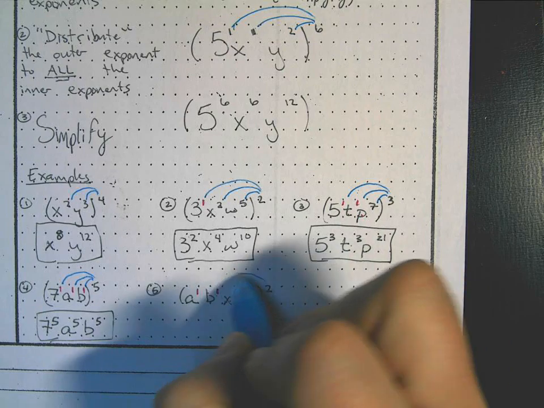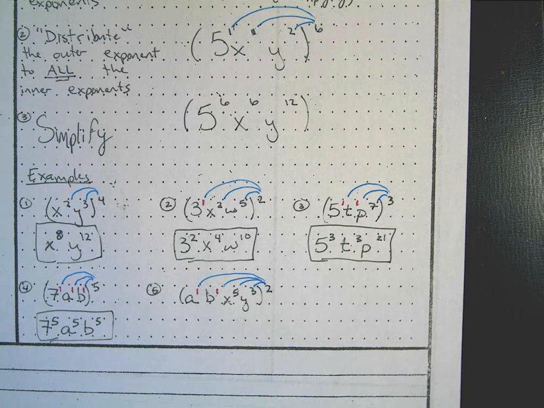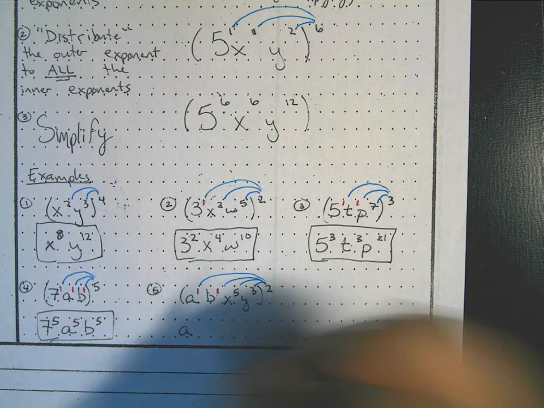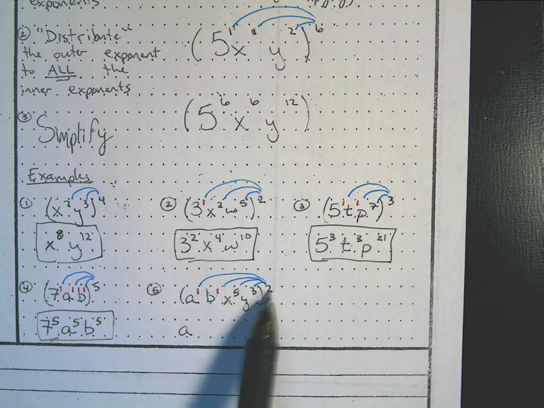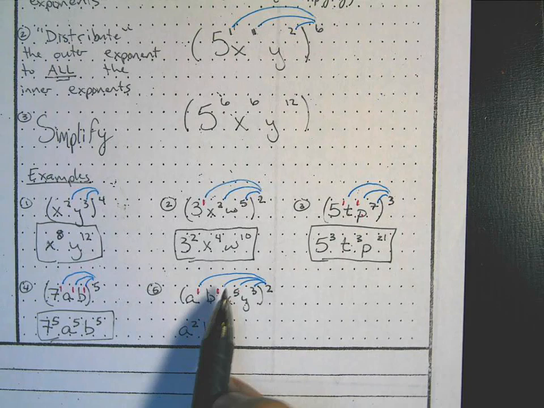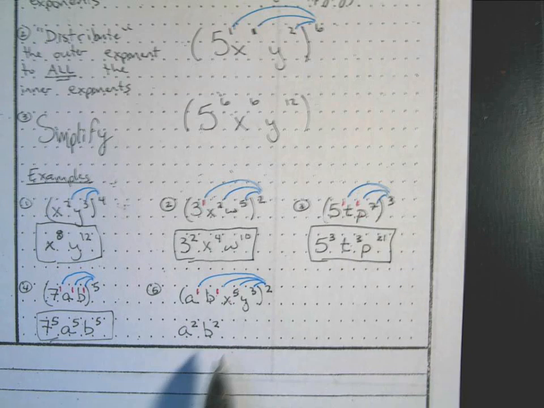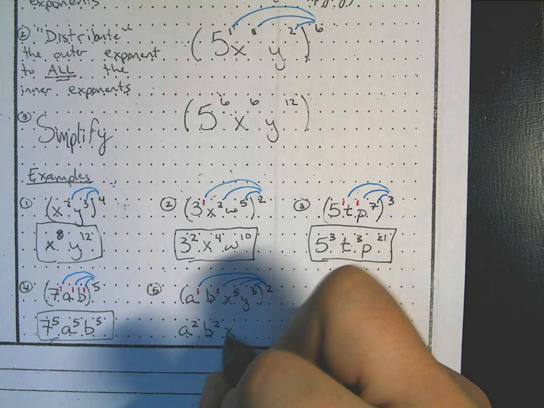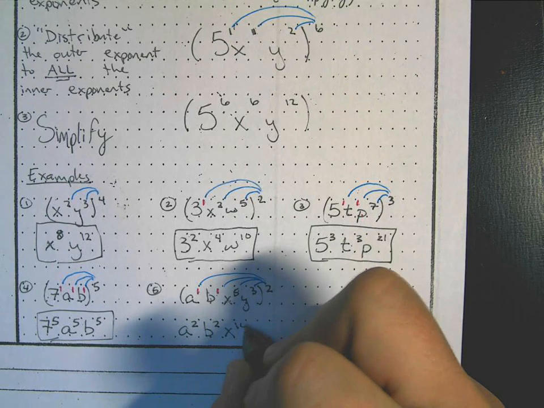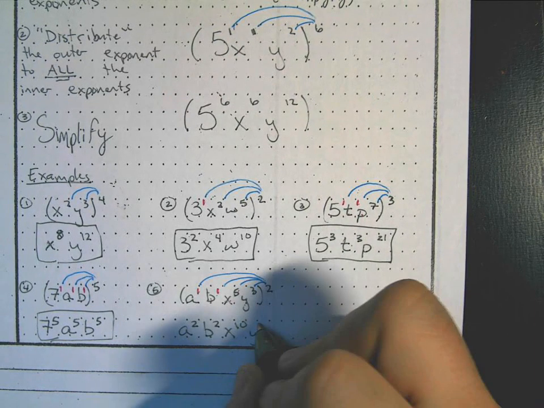Now we'll distribute that 2 to all the exponents. And now we'll do our multiplying. So a, we write our base, and we multiply the exponents. 1 times 2 is 2. Write our base, b, multiply our exponents. 1 times 2 is 2. Write my base, x, multiply my exponents. 5 times 2 is 10. Write my base, y, multiply my exponents. 3 times 2 is 6.